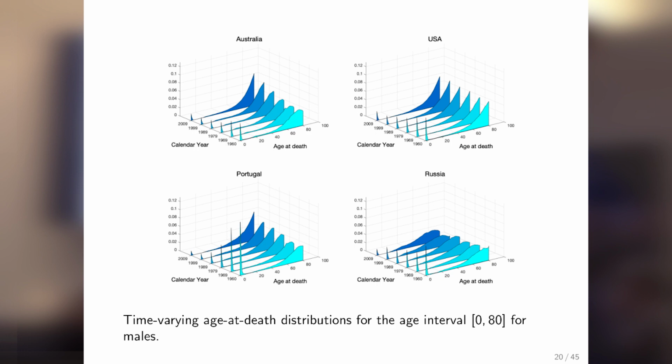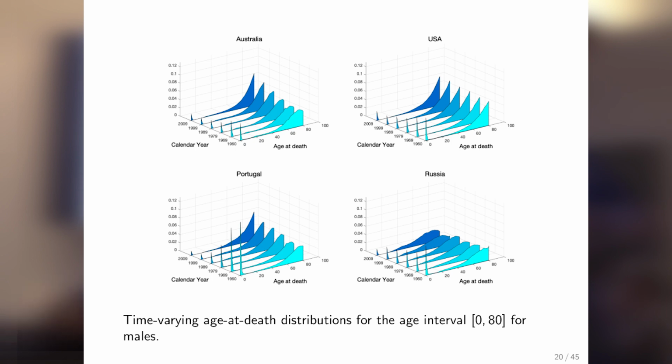You can see big differences between Russia on one hand, USA on the other. Portugal has a super high child mortality in 1960, which declined to smaller than the US, which is pretty high among those 4. US is higher than Russia, actually, for child mortality, as you can see here.